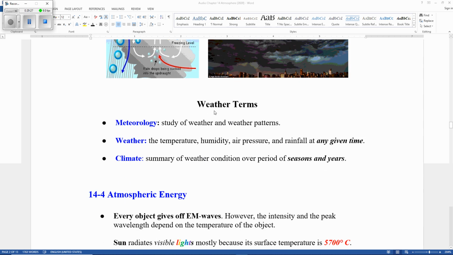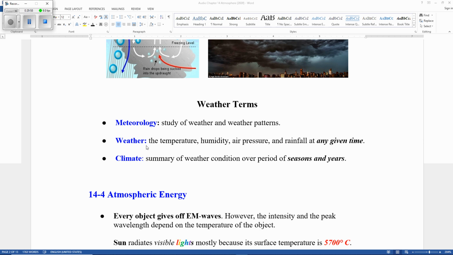So now a few important weather terms. Meteorology is the study of weather and weather patterns. And by weather we usually mean a given time, a short period of time. So the temperature, humidity, air pressure, and rainfall at any given time.